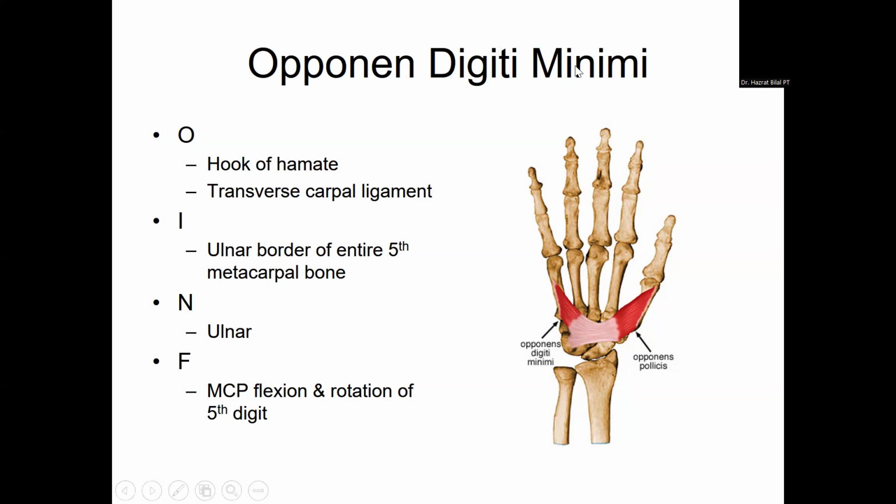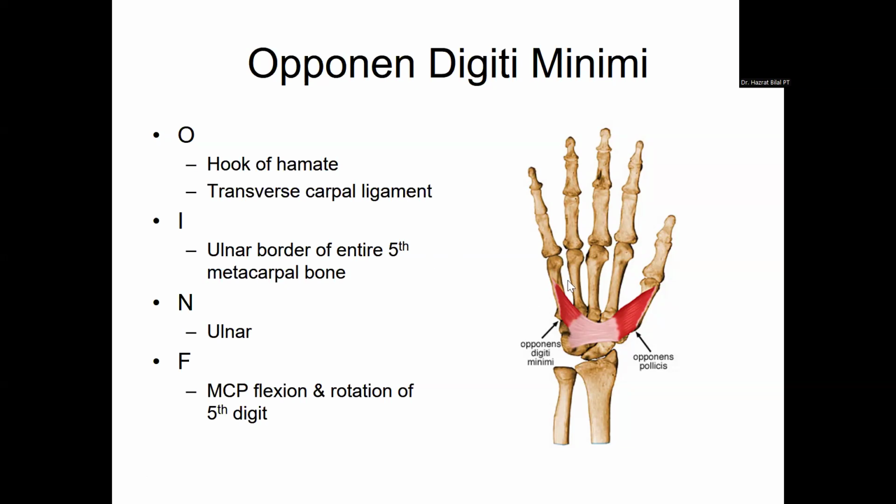The hook is present on the hamate just for the attachment of this opponens digiti minimi. Similarly, this muscle also originates from the transverse carpal ligament, which is blended with the flexor retinaculum, and its insertion is on the entire fifth metacarpal bone.